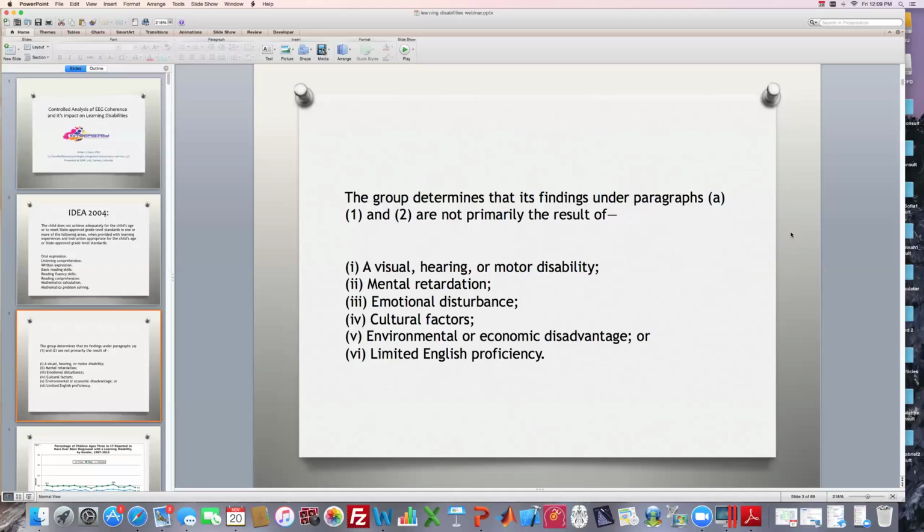And if they're still not improving, then that's justifiable grounds for them being diagnosed with a learning disability. It's also stipulated that this learning disability is not a result of a visual, hearing, or motor disability, mental retardation, emotional disturbance, cultural factors, environmental or economic disadvantage, or limited English proficiency. So those would be rule-outs.